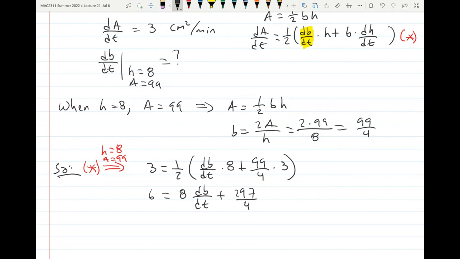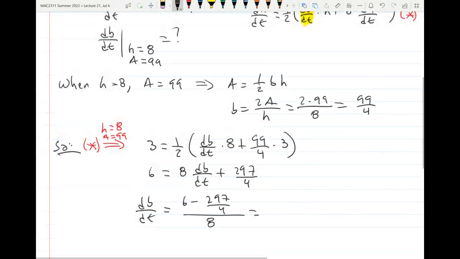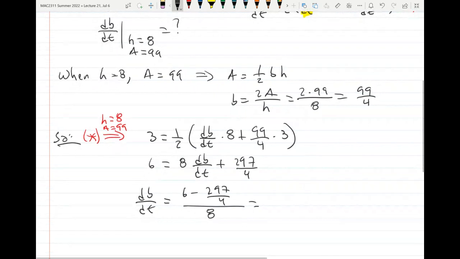So let's move it to the other side and divide by 8. So dB/dt is 6 minus 297 over 4, divided by 8, which is, let's see, multiply top and bottom by 4. 6 minus 297 over 4.